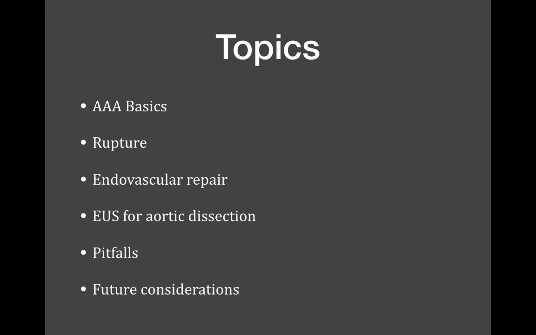Topics: basics, rupture, endovascular repair. We're going to talk about dissection, as I mentioned. We're going to get into a couple pitfalls and ways that this study can be messed up, both ones that I've heard of and ones that I've done. And we're going to get into some future considerations. So let's get moving.